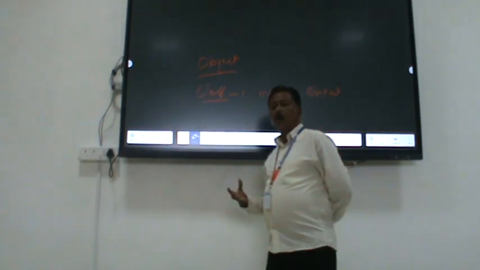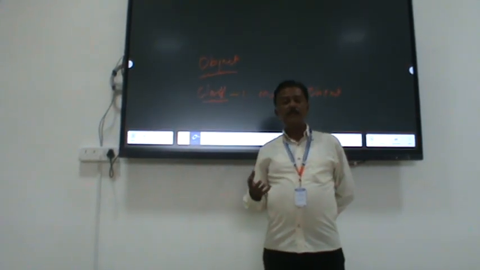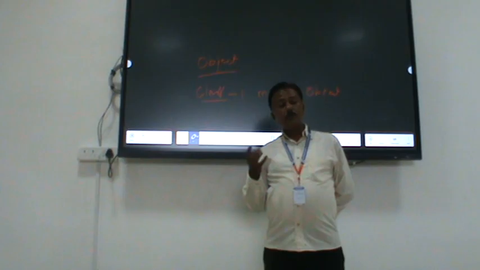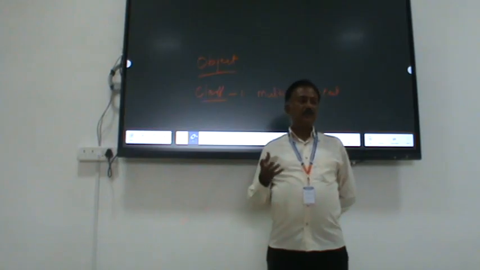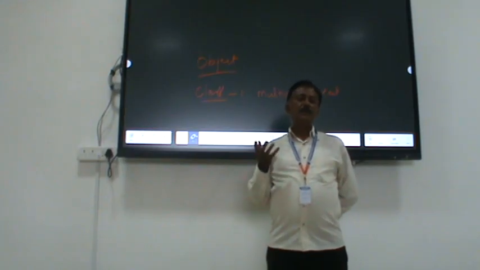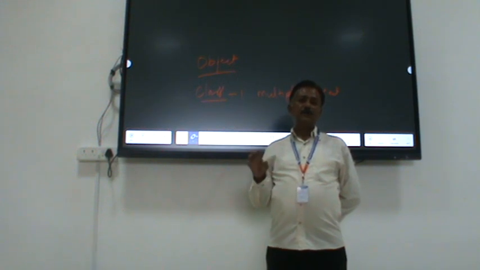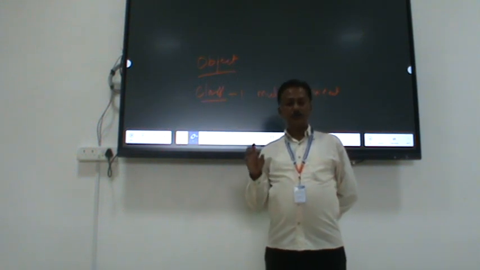How objects take memory means, in order to store the student information, we create memory. Once you create an instance of a class, a memory is reserved to store the values related to that object.